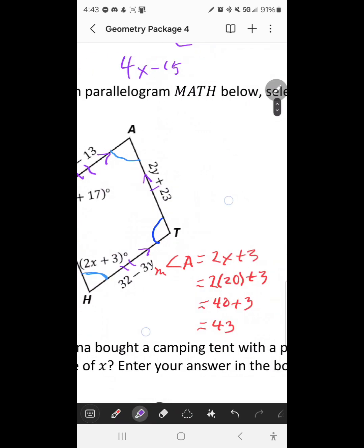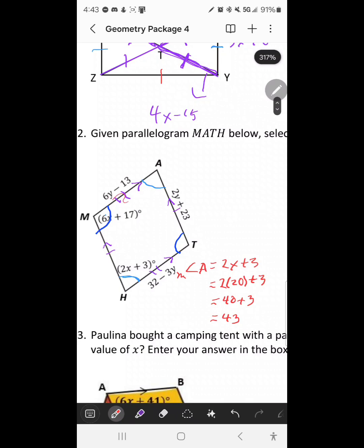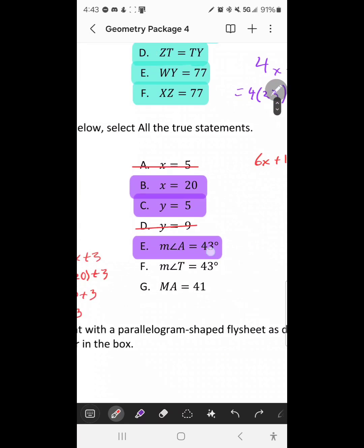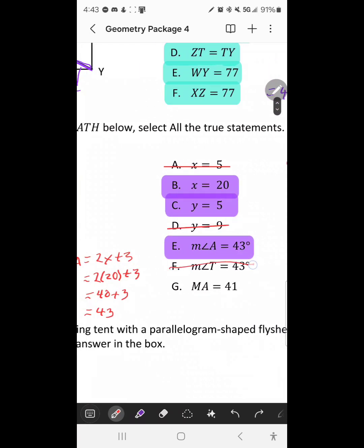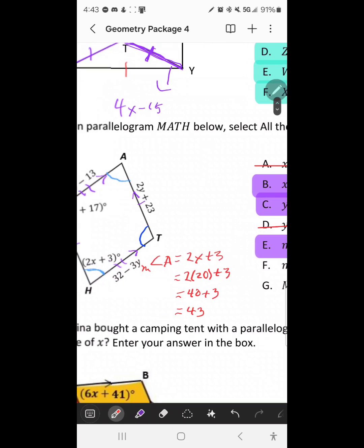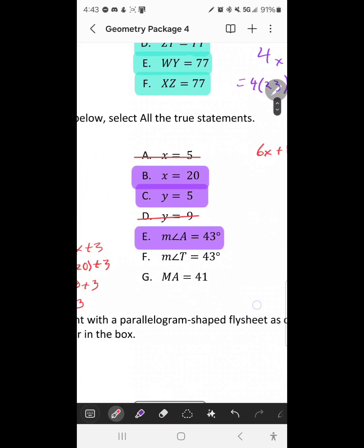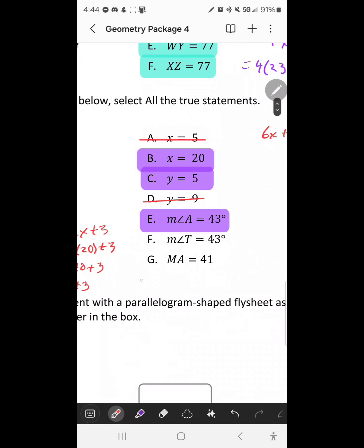Now t will be equal to 6x plus 17. But at first sight, I can say that this is not the answer because t and a need to add up to 180 degrees. So you can say either of the two. You can say t plus a equals 180, and then substitute a by 43 and solve it.